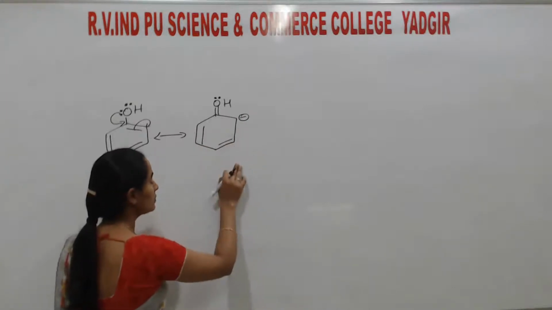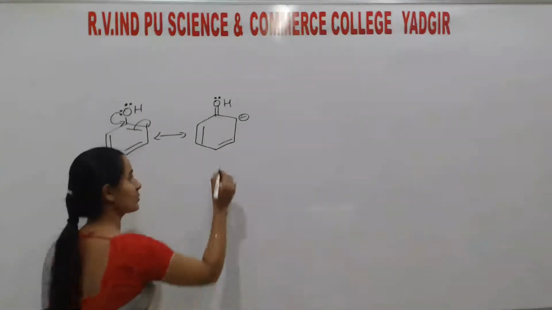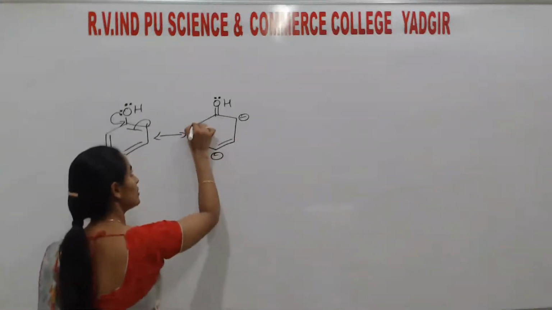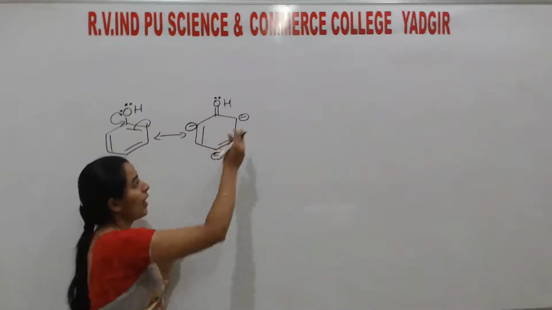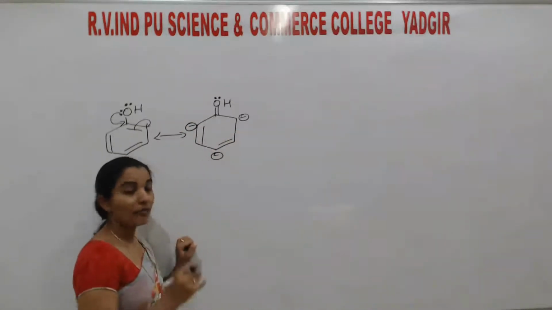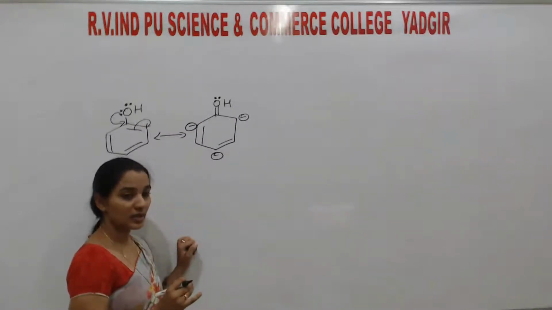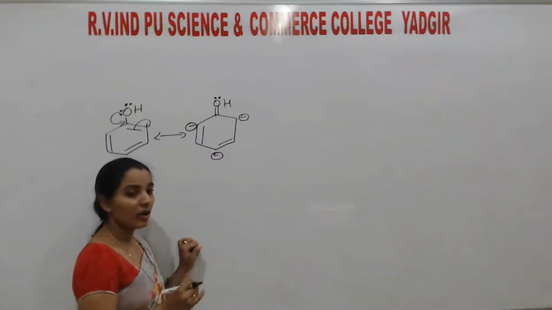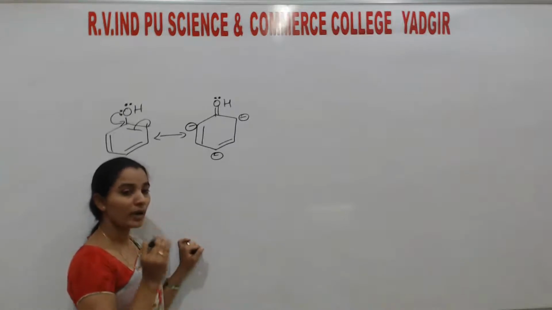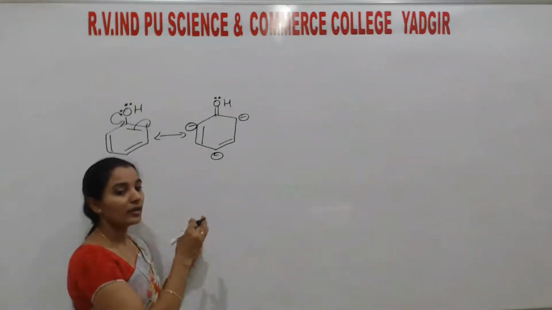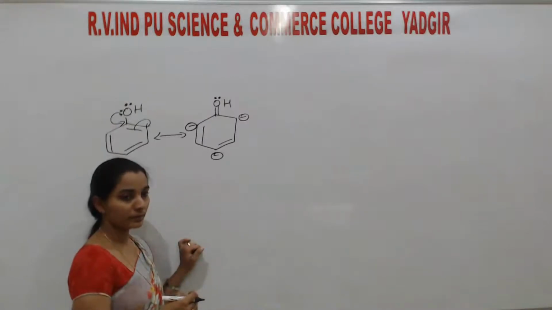Okay, so these are involved in the resonance. Of course I didn't write it, you just remember. So if the resonance takes place, here also we will get minus charge, here also we will get minus charge. Means at ortho and para positions we have more electron density. Means phenols give more ortho and para substituted products rather than meta. Understood?